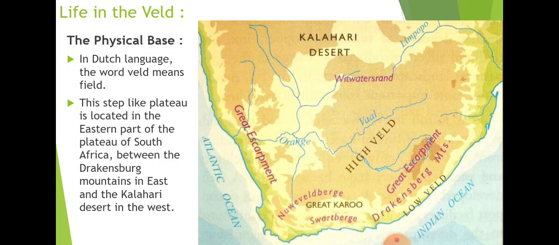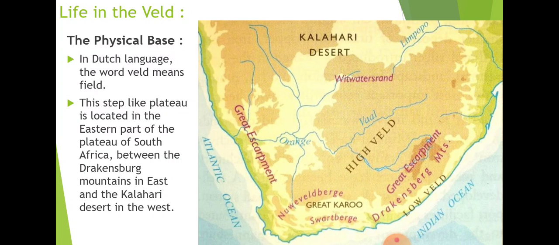So the first layer of the veld is the high veld, that is from 1200 meters to 1800 meters. The next one is the middle veld, that is from 600 to 1200 meters from the sea level. And the last step of the veld is the low veld, about 150 to 600 meters.